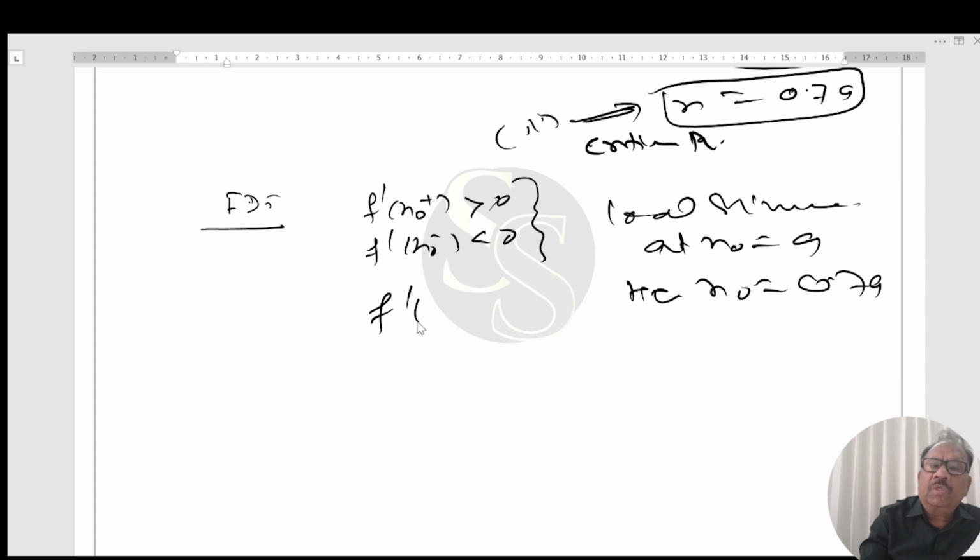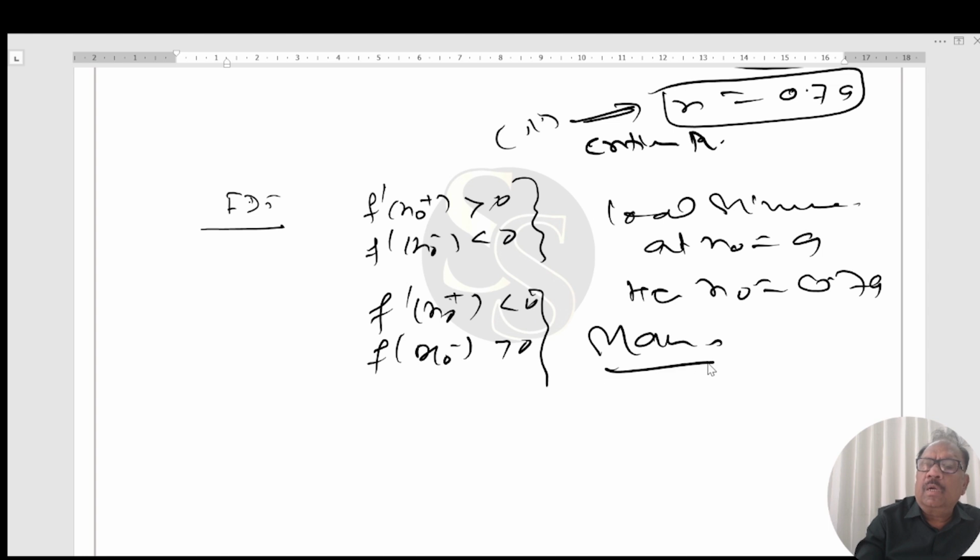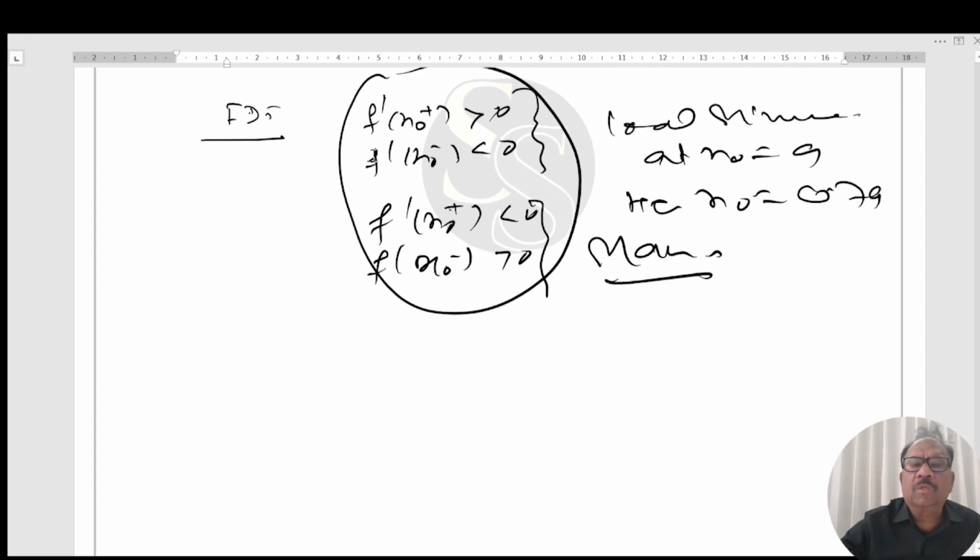If f dash x naught plus is less than 0 and f dash x naught minus is greater than 0, then maxima at this, right? To simplify it, put in the values, solve the answer.